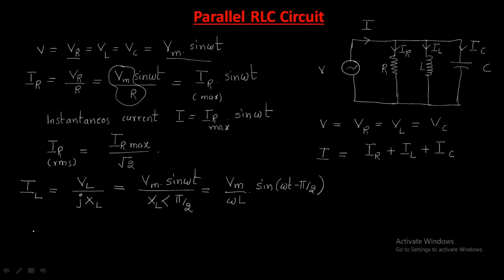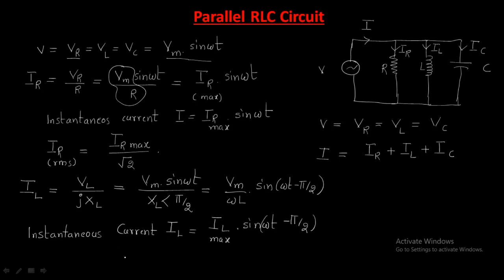So from this we can write the instantaneous inductor current. The instantaneous current of the inductor, name it as IL, you can write IL max sin omega t minus pi by 2.